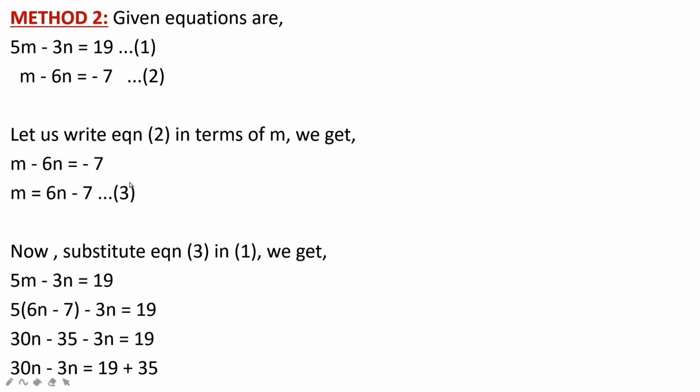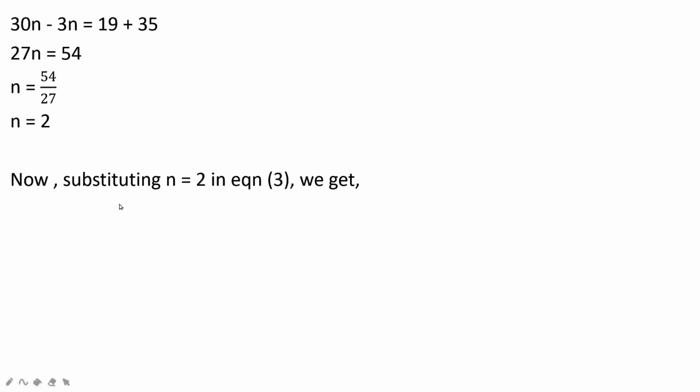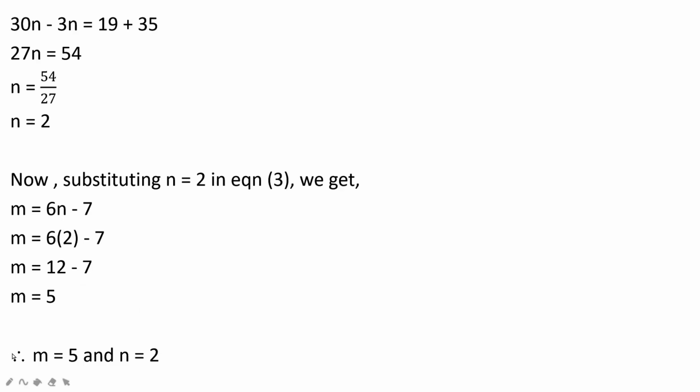I will choose equation 3, which is the simplest. Now substituting n is equal to 2 in equation 3, we get m is equal to 6n minus 7. So m is equal to 6 into 2 minus 7. So we get m as 12 minus 7, that is m is equal to 5. So we get the value of m is equal to 5 and n is equal to 2.